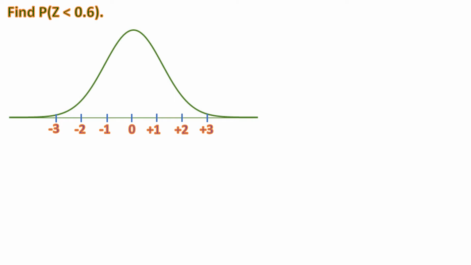And so let us have now the normal curve, and we're going to plot the 0.6. 0.6 is in between 0 and 1. Of course, without the sign, it means positive 0.6. So it's here, and we're going to put the line, and then it says less than. So if it says less than, we're going to shade all the left side of 0.6.